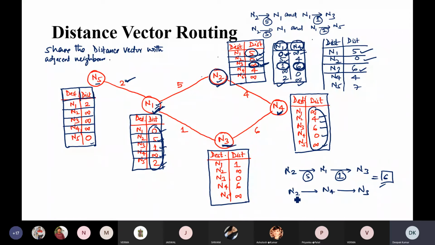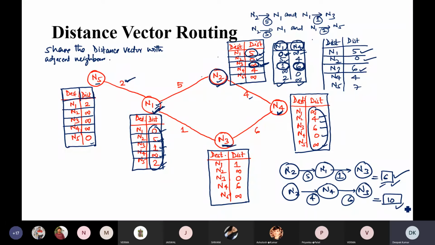Its cost between N2 to N4 is 4, and after that N4 to N3 is 6. So total here 10. Now node N2 will compare that I can go to node 3 from node 2 via node 1, and total cost will be 6. And another way from N2 to N3 via node 4, so total cost will be 10.